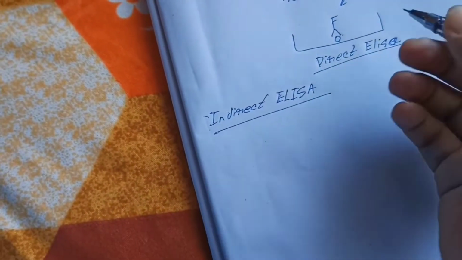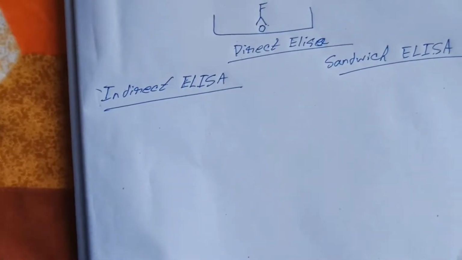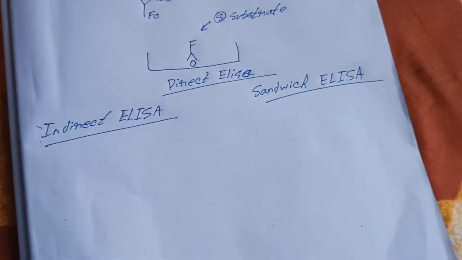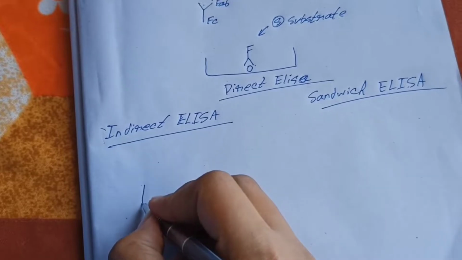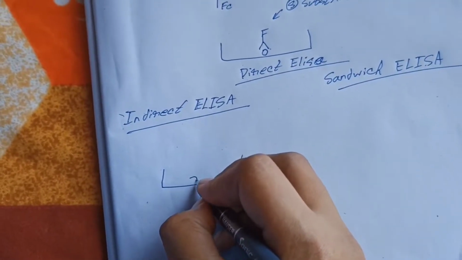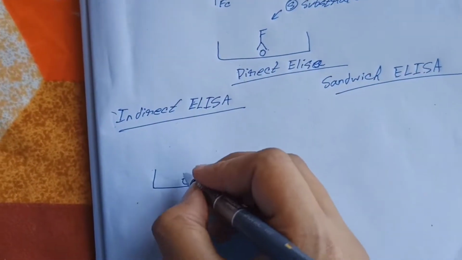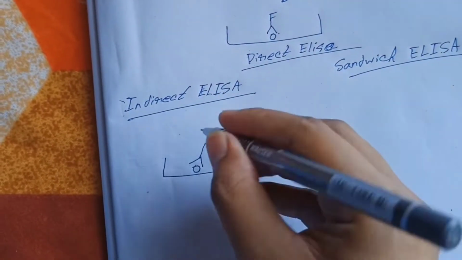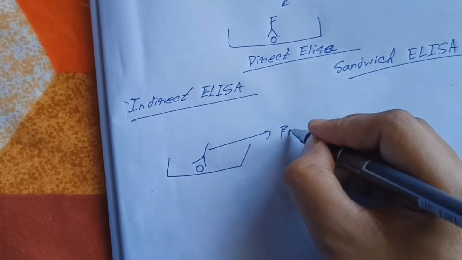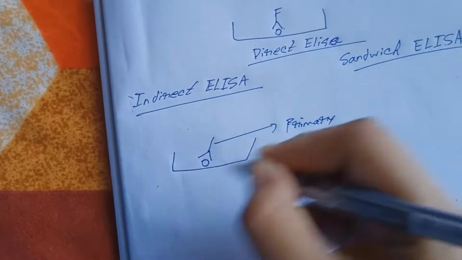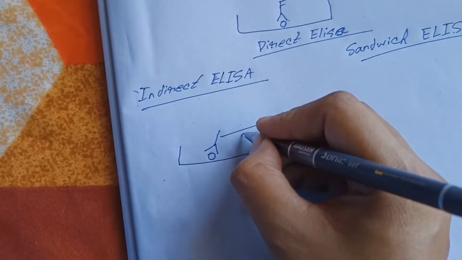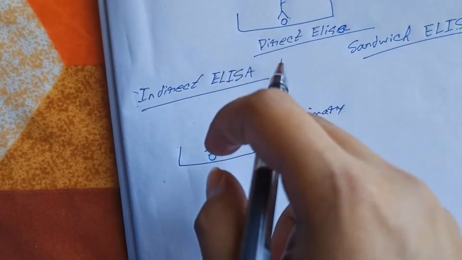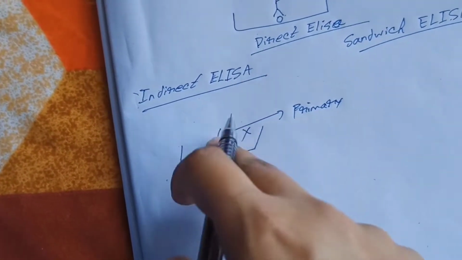Okay, so the main thing that is different in the indirect ELISA is this: let's say this is the well plate, we give the antigen. After that we give the antibody, but this is the primary antibody, and this antibody will not have the enzyme.